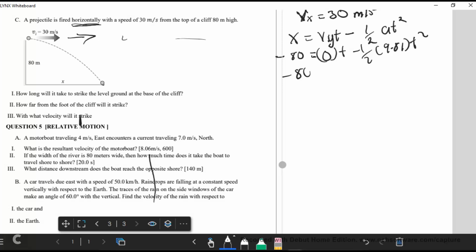Then 80 is equal to 0 minus 4.905 t squared, so 80 is equal to negative 4.905 t squared. Let's calculate the time.